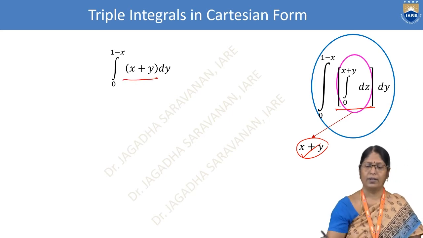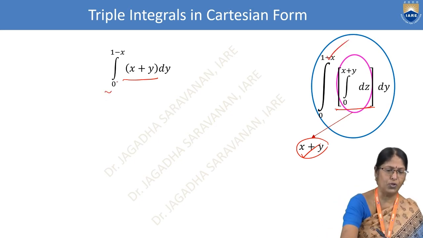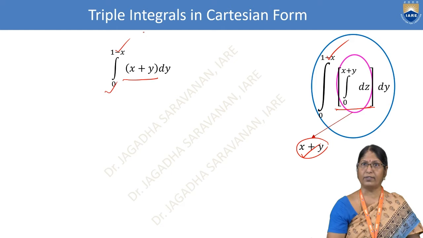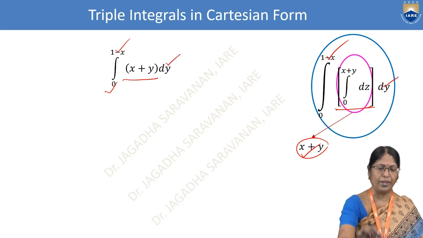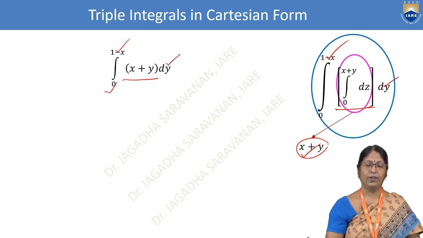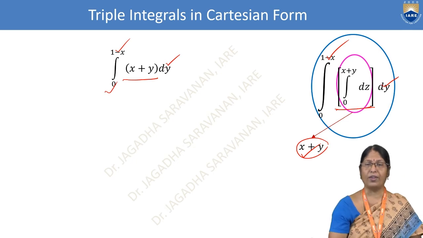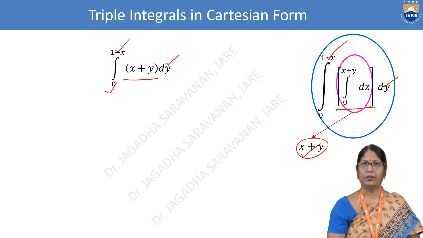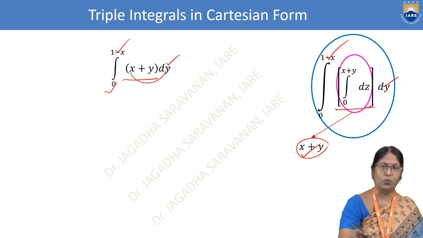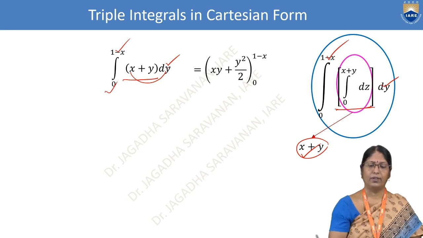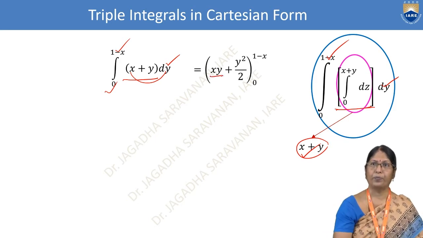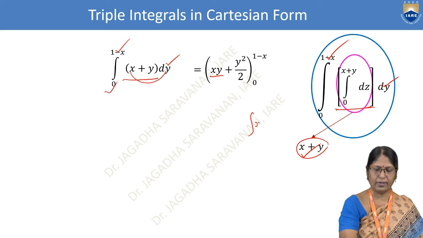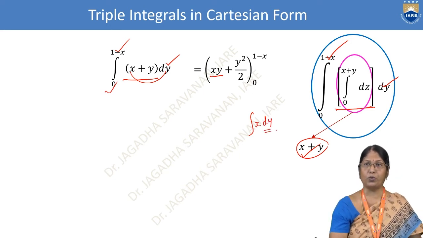This is the middle integration from 0 to 1 minus x, dy. That is, with respect to y, we have to do it. x into dy, that is x dy. We are doing the integration with respect to y.